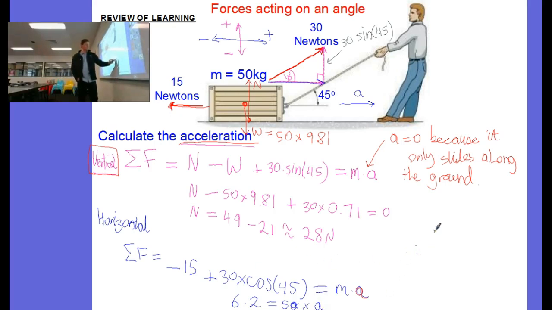So what would we do with that to calculate the acceleration? What would be the next part? Divide by 50. Very good. So I go 6.2, the value of my net force, divided by the mass of 50 kilograms, and I get 0.12 meters per second squared, approximately.